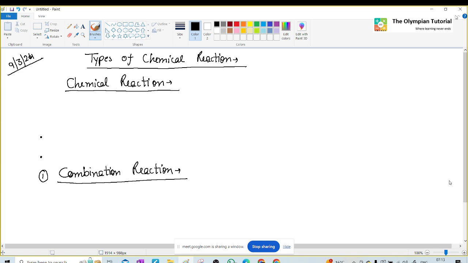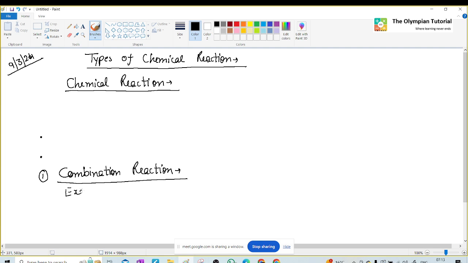So, Tanya, what is a combination reaction? When two or more substances, elements or compounds, combine to form a single product, then the reactions are called combination reactions.